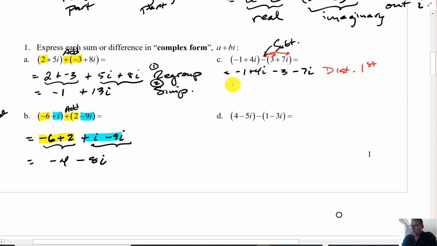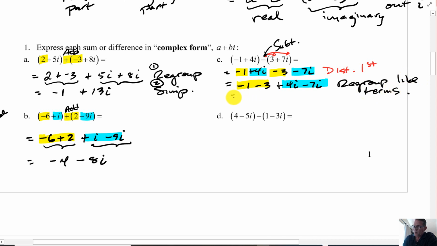And then what you want to do is regroup. So I see a negative 1 and a minus 3. That goes first. You got to regroup the real parts. And then you have to group the imaginary parts. Okay? So you have a plus 4i, and then you have a minus 7i. So you regroup like terms. And then you simplify.